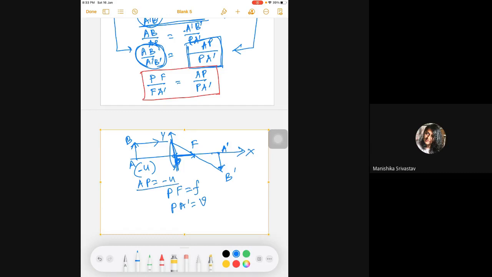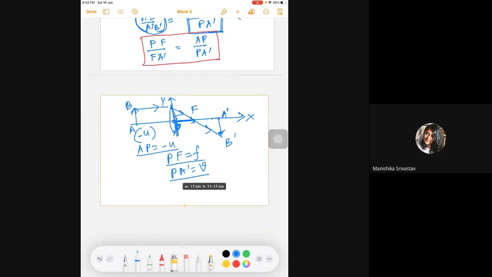So I am putting the value of AP, value of PF, value of P A dash. P A dash, where the image is forming, is v. AP, where my object is, is minus u because it is on the other side of the axis. PF, the focus, is on the same side of the axis, also in the direction of my light ray. The light ray direction is this. So this is positive f, this is positive v, but this is negative u, as it is on the other side as per the convention of our axis. We have to put minus. Clear?